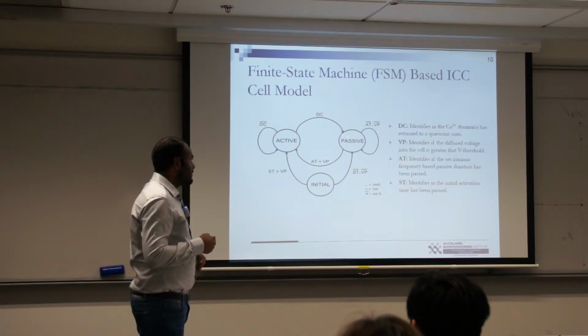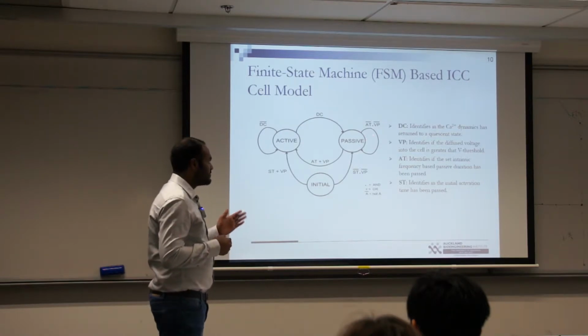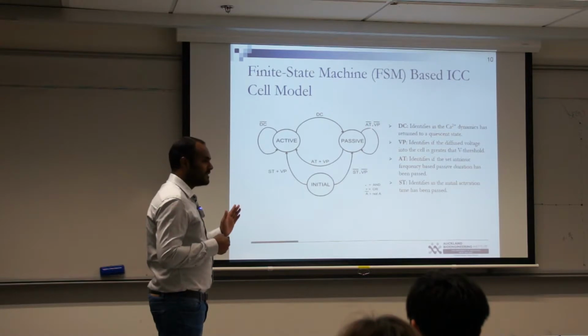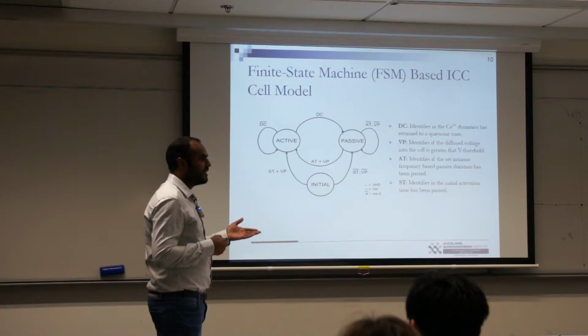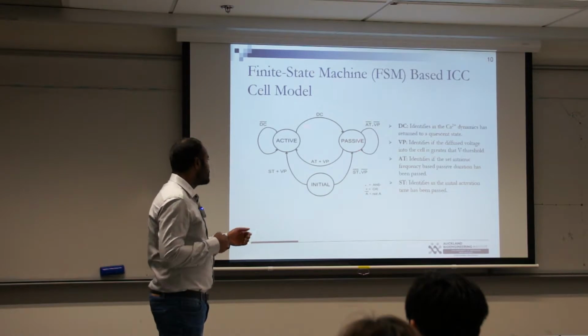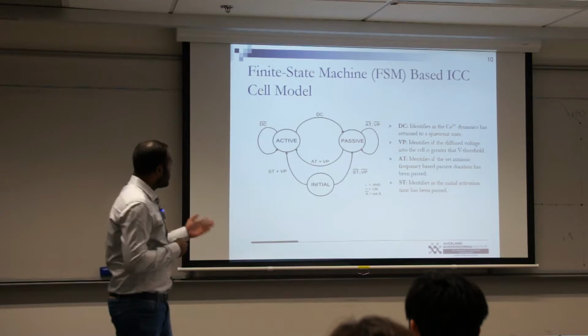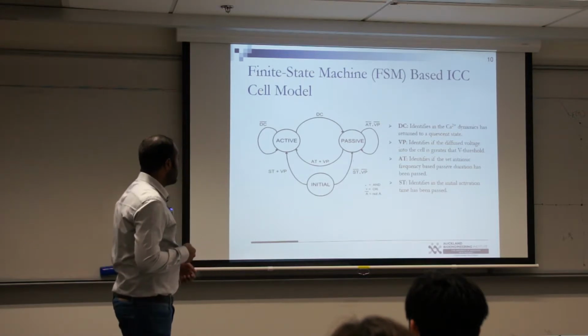And it remains in the passive state until the intrinsic frequency time has been reached, or the diffused membrane potential has fallen below a threshold potential. So that will remain until that point. If not, it will switch back to the active state. So that's how this state transition diagram works.